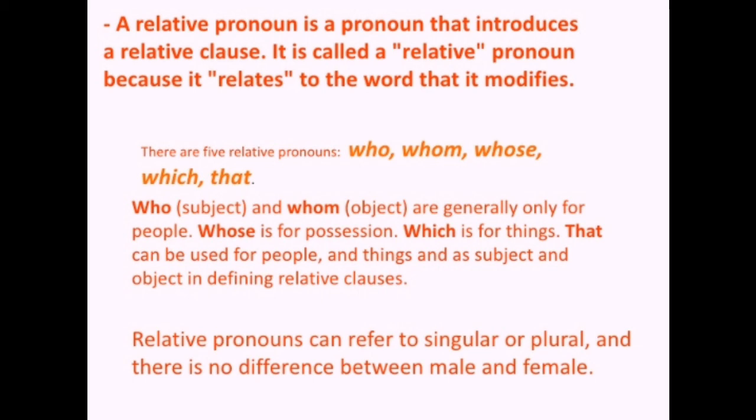Now students, you will say, ma'am, these were interrogative also, but you have to see the usage. कहाँ पे use हो रहे हैं ये? Okay, who subject, whom will be object. They are generally only for people. Whose is for possession, which is for things, and that can be used for people and things, and as subject and object. It depends on the sentence.